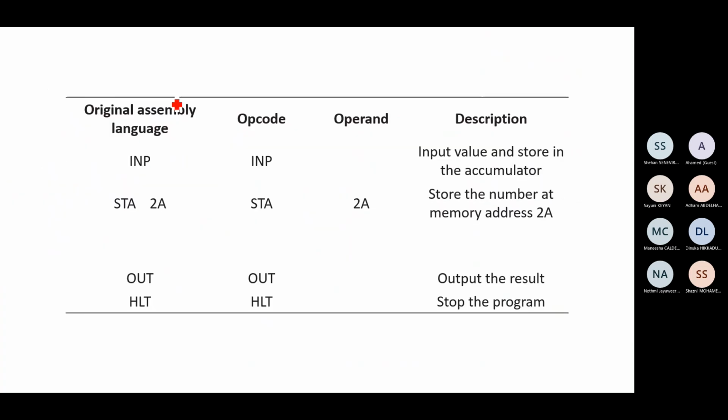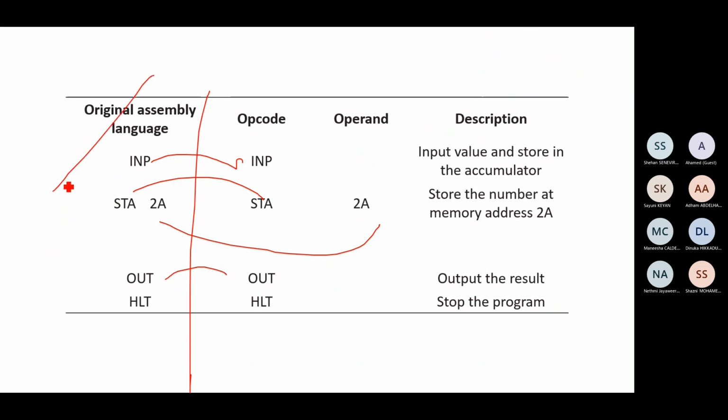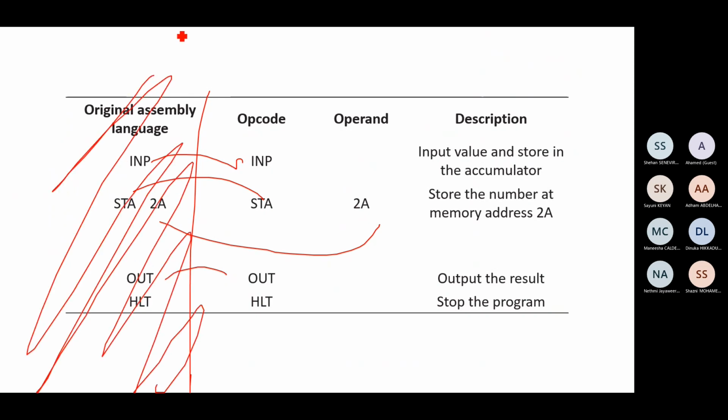Some of the original assembly language and some opcodes and operands are given here. You can see it's the input, and it's given. This is the original assembly language code that we have written, INP. This is something given as a reference.